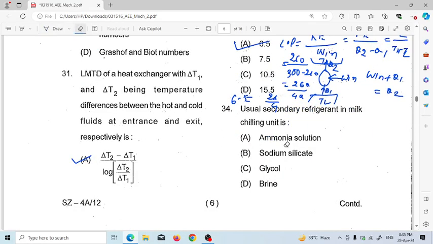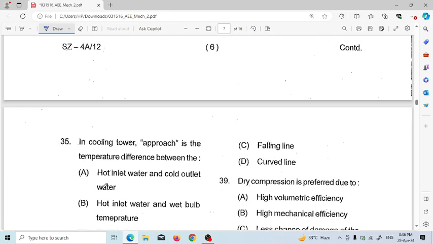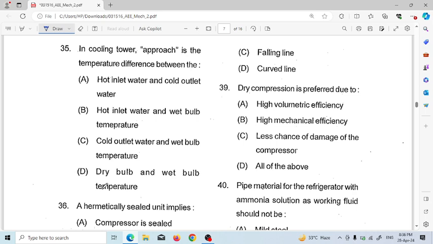Next question. Using secondary refrigerant in milk chilling unit is ammonia solution, sodium silicate, glycol, brine. Answer will be brine. Next question number 35.